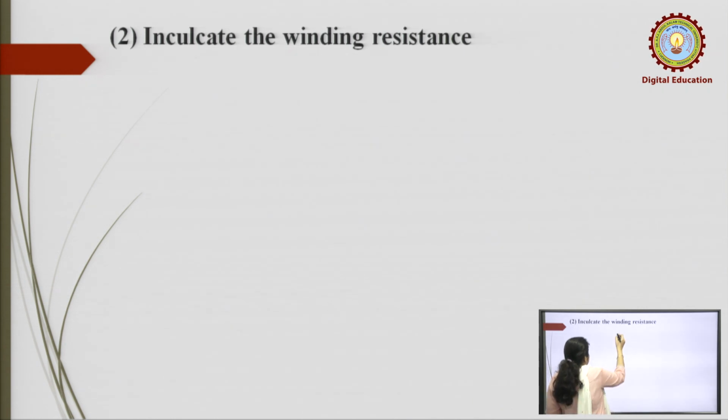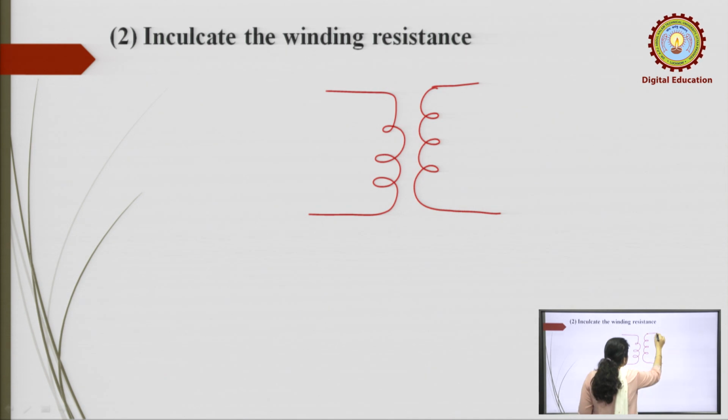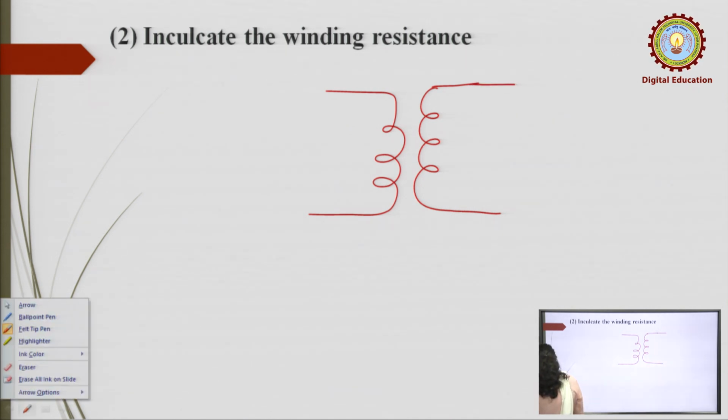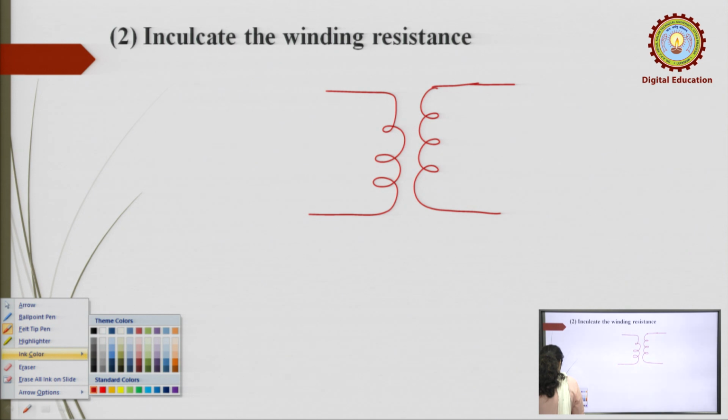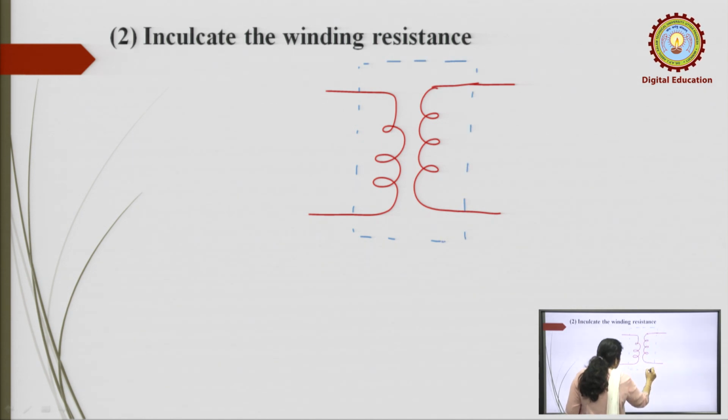Suppose this is an ideal transformer, and now we see how it becomes a practical transformer when we incorporate all these parameters.